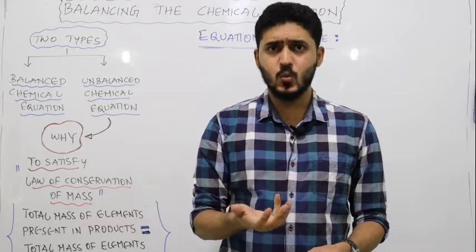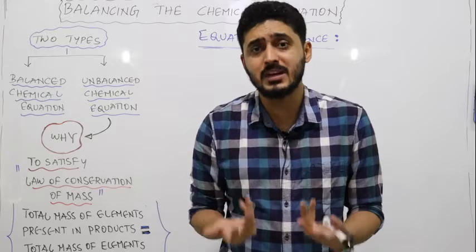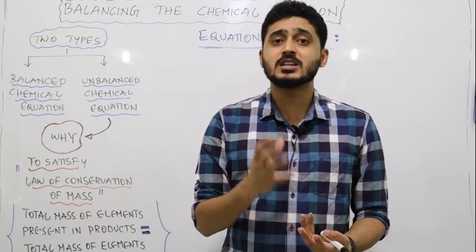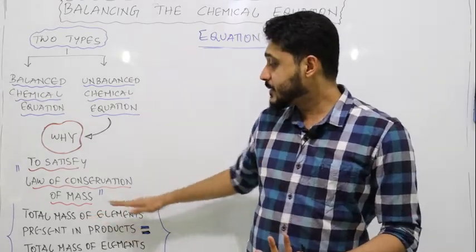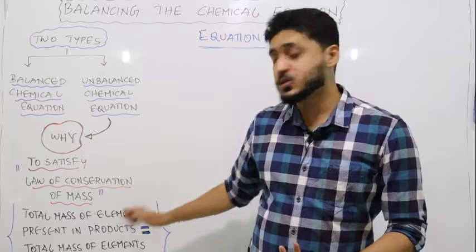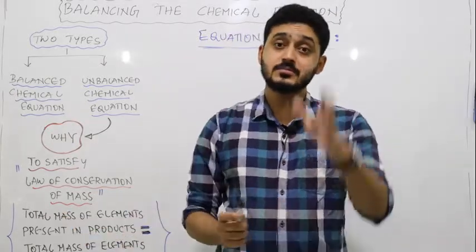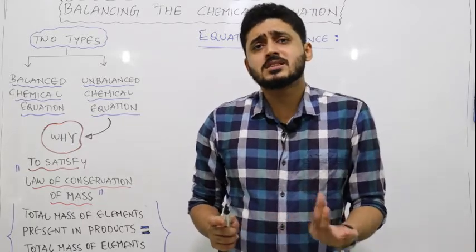An important question: why balance an equation, or what is the need to balance a chemical equation? The answer is, in order to satisfy the law of conservation of mass, so that the total mass of the elements present in the product is equal to the total mass of the elements present in the reactants. Now, how do we make the masses equal?